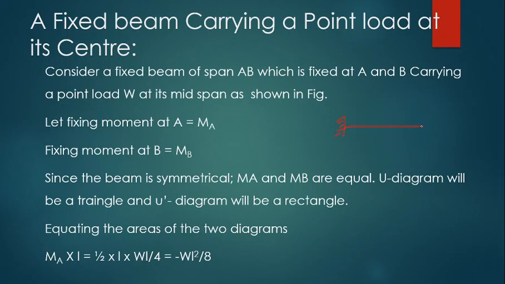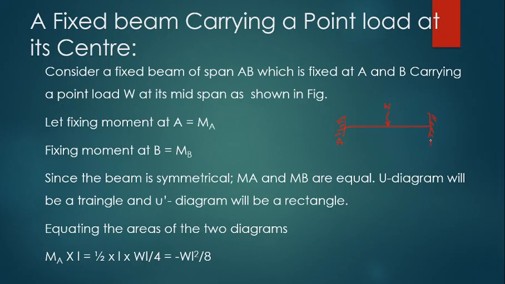Yeah, this is a fixed beam with a central point load of say W over here. Consider a fixed beam AB, fixed at A and B, carrying a point load W at its midspan. That means this is L by 2, and similarly L by 2 on the other side.